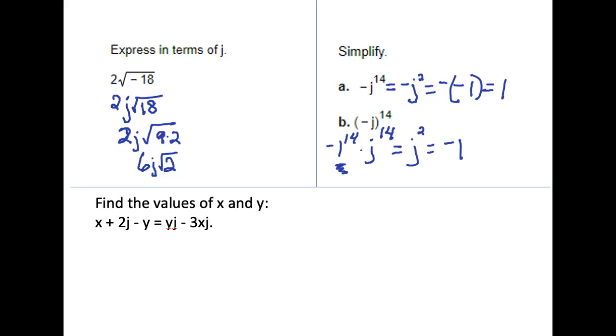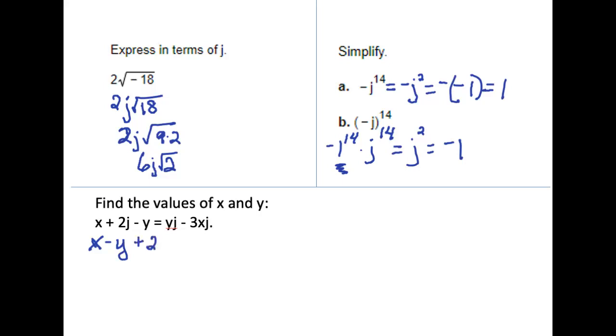Now with the second one here, I want to find the values of x and y. Those are my unknown variables. In the problem, I want to look at it as a real part and an imaginary part. Here the real part would be x minus y, that's the real part of the left-hand side, and the imaginary part is the 2j.